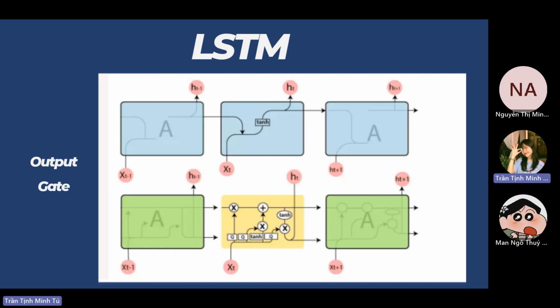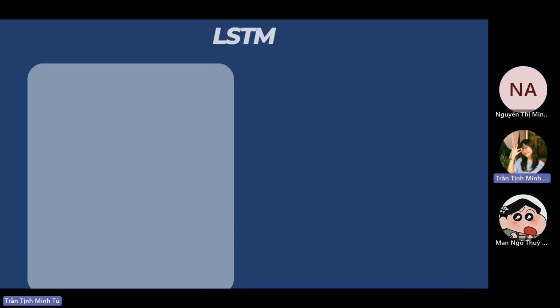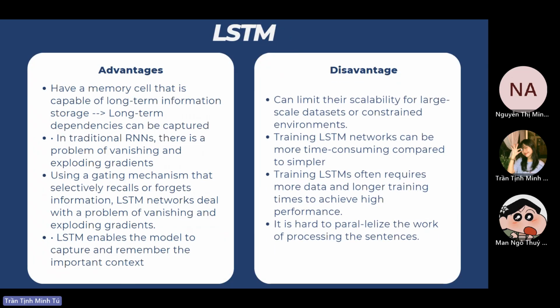And this slide is the picture with a clear definition of the LSTM and its advantages and disadvantages. About the advantages, we have a memory cell that is capable of long-term information storage. Long-term dependencies can be captured.